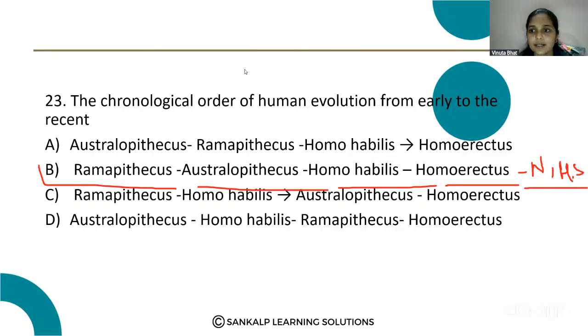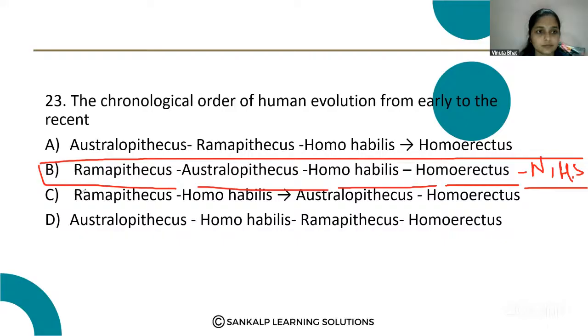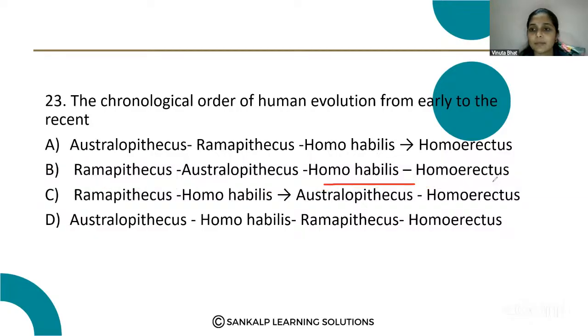Option B is the correct answer. Ramapithecus, Australopithecus, Homo habilis, and Homo erectus. That is the correct answer. Yes, let's move to the next question.